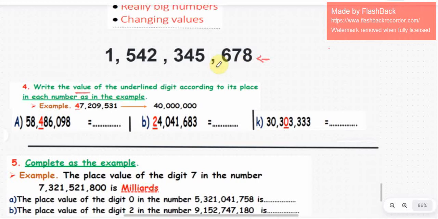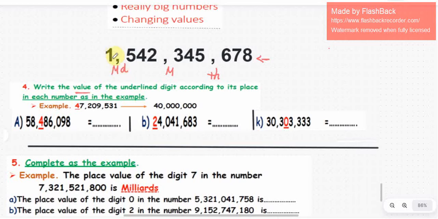And after that, under the commas, put the families. The first comma is thousand, so I write TH. The second comma, million, I write M. And the third comma, milliard, I write MD.